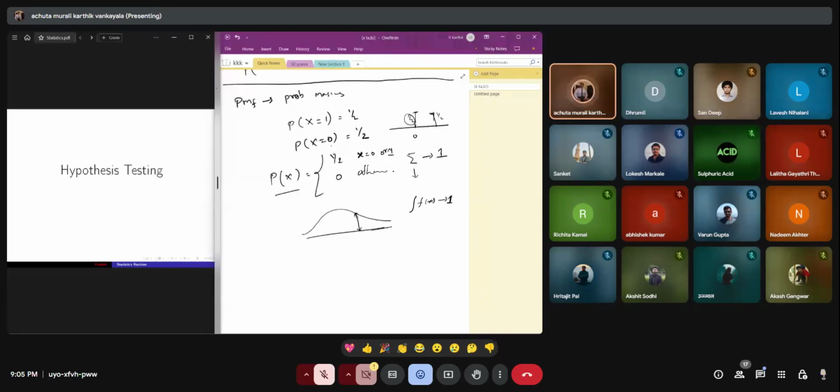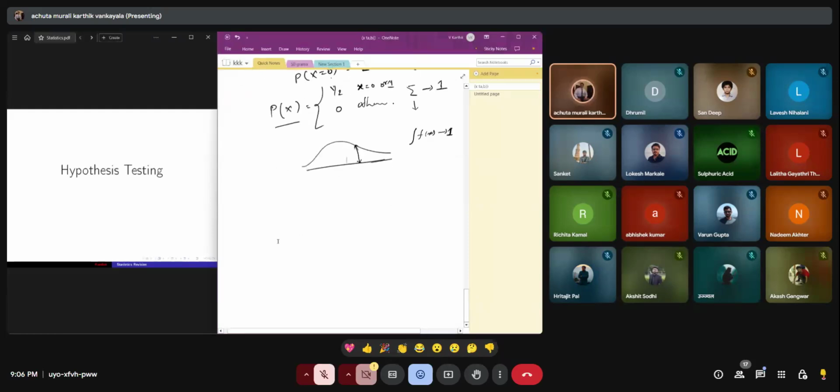Now sometimes you can have mixed distributions, where the random variable can have some mass at a particular point and the remaining is continuous. Those are called mixed distributions.